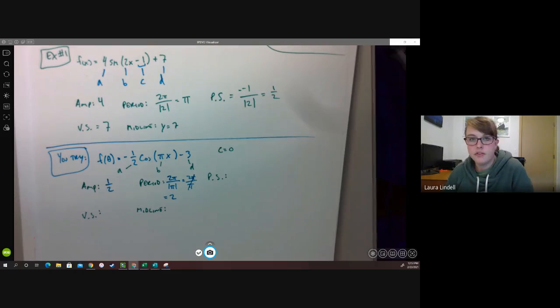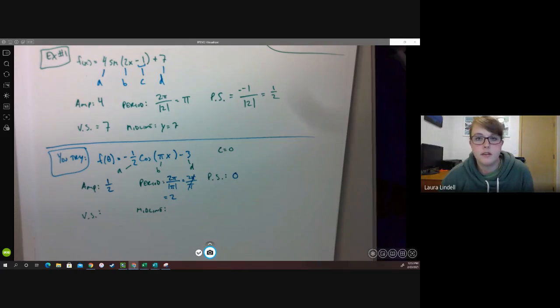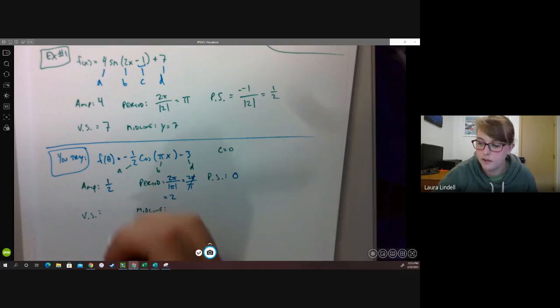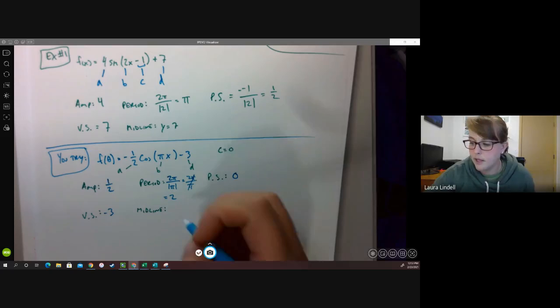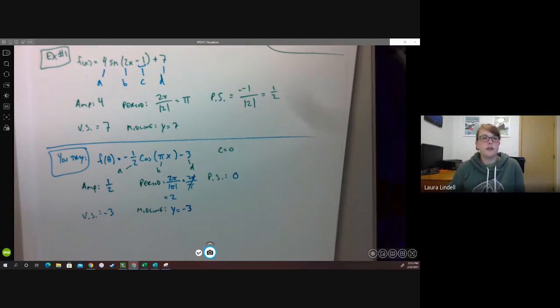Okay. On this one, the phase shift is easy. What's the phase shift? Is there a phase shift? Yeah, 0. There is no phase shift here. C is 0, so phase shift is 0. Those ones are usually people's favorite. How about the vertical shift? Yeah, -3. Good stuff. And then the midline is just y equals the vertical shift.